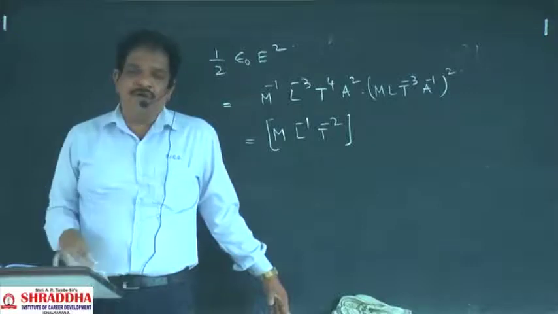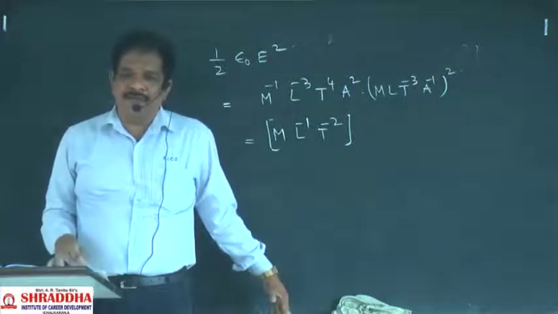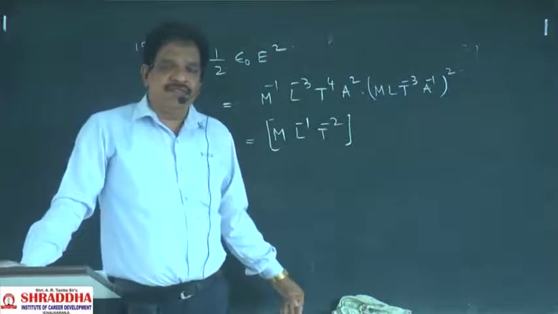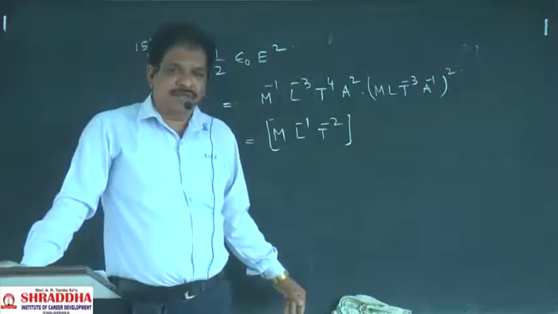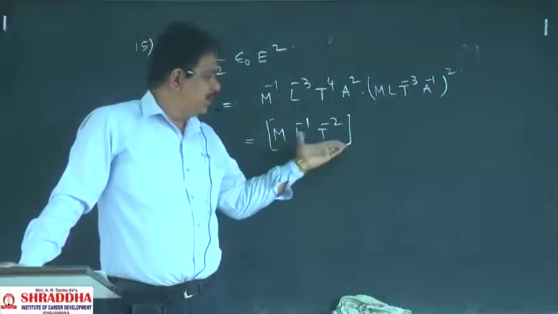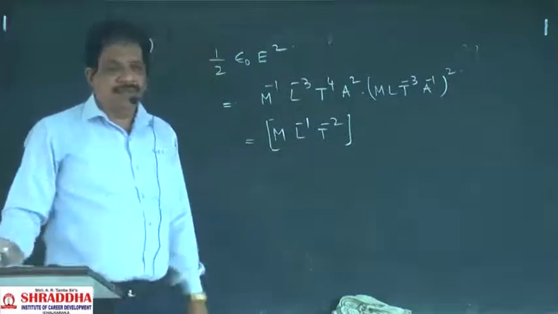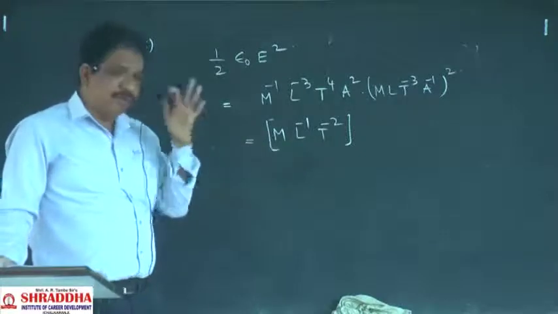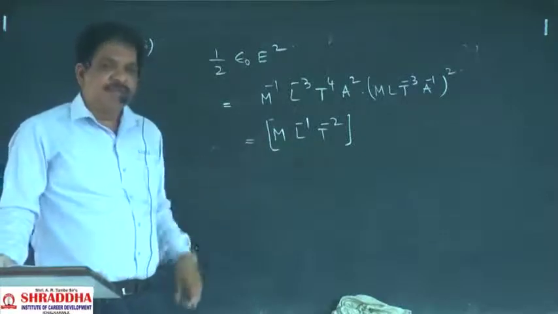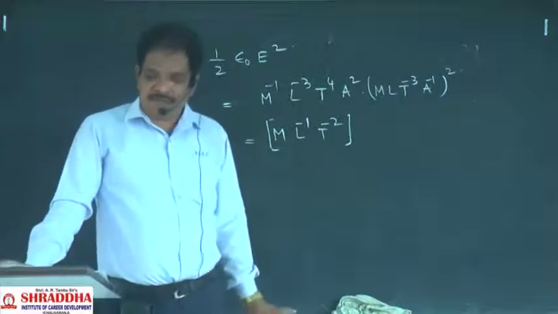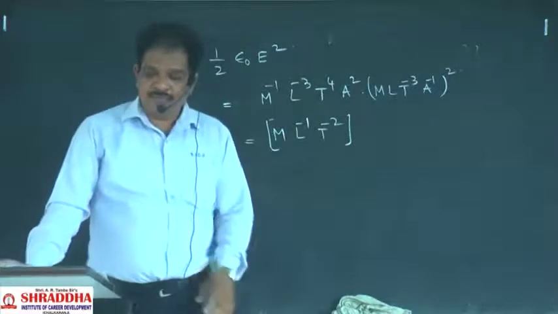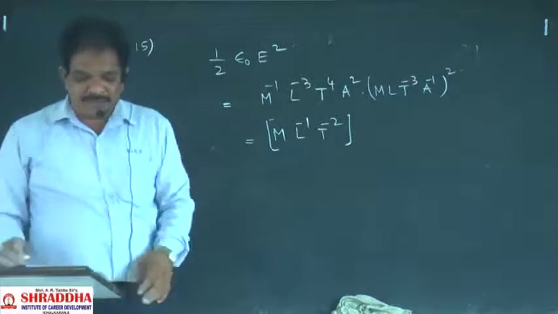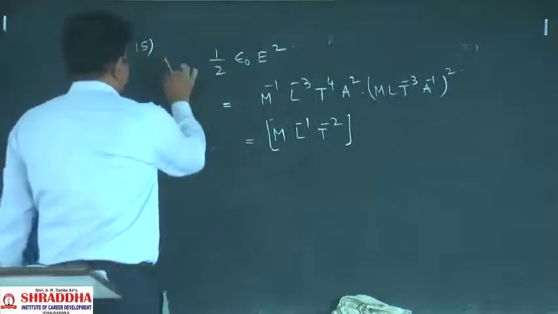Actually, 1 by 2 epsilon naught E square is the energy density of an electromagnetic wave. So energy density means energy per unit volume. We will get the same value here, M L power minus 1 T power minus 2. So question number 15 will be B.